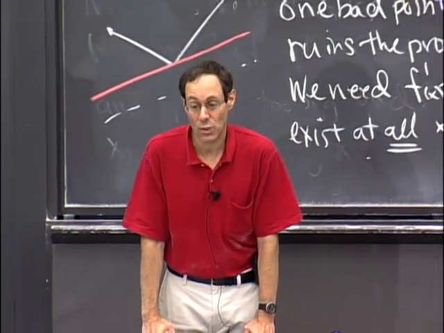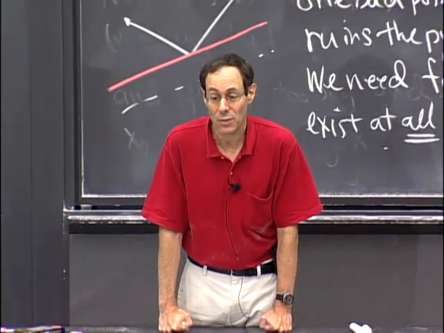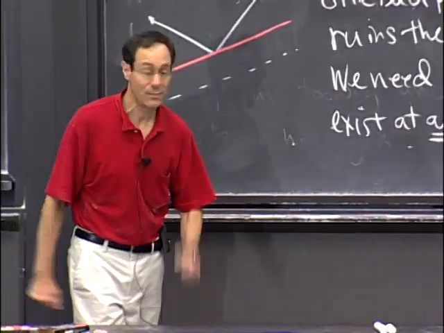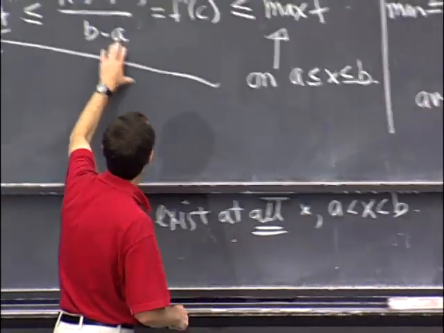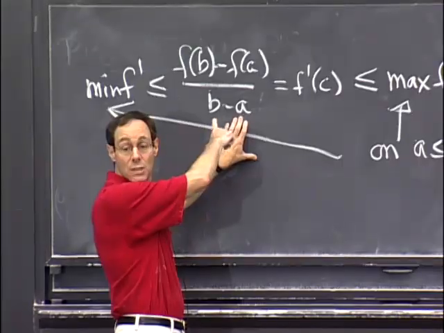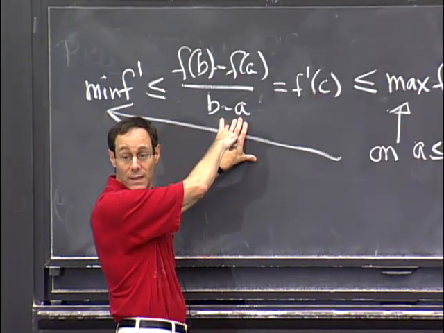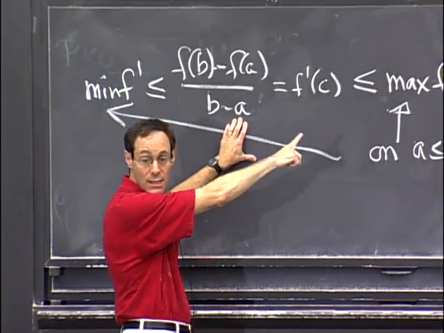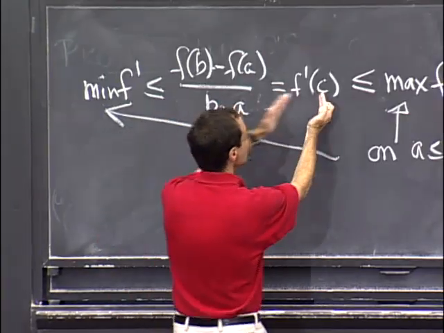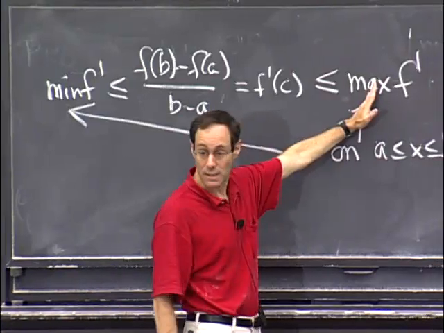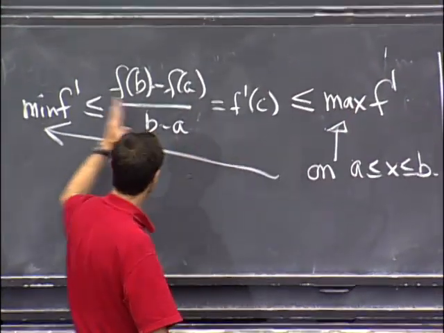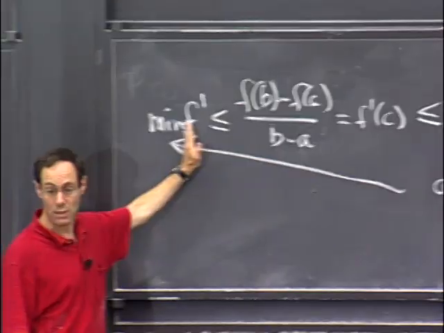You can pick whichever one you want. Mean value theorem just doesn't care. The mean value theorem doesn't care because actually the mean value theorem is never used except in real life, except in this context here. You can never nail down which C it is. So the only thing you can say is that you're going slower than the maximum speed and faster than the minimum speed.